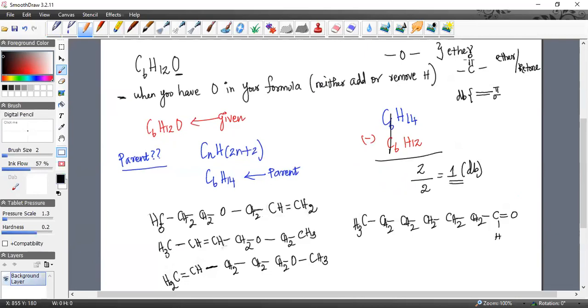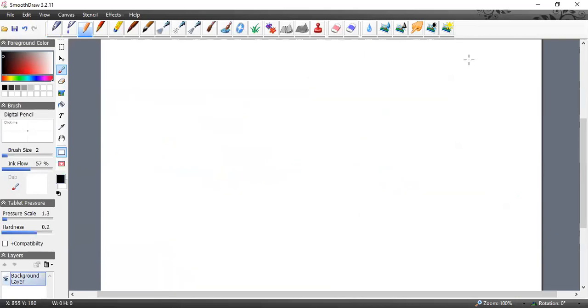So that's with oxygen. Now, what if we have C8, H7, and nitrogen? When we have nitrogen, you must subtract the hydrogen. Subtract hydrogen when you have nitrogen, okay?